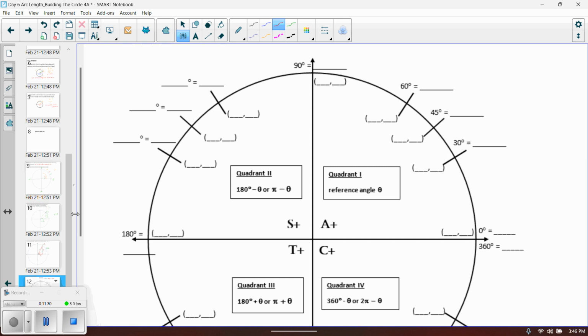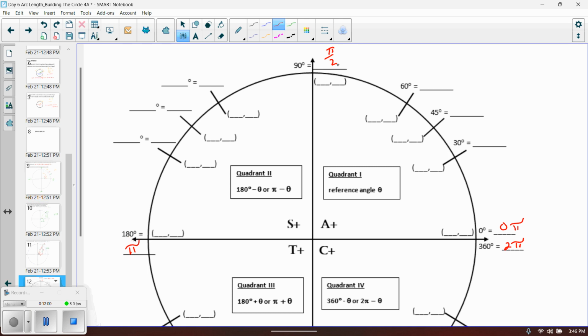So 0 would be 0 pi radians because we haven't gone anywhere. 360 would be 2 pi radians. If we go half of the circle over to 180, well, half of the circle would be pi over 2. I'm sorry, pi radians because it's half of 2 pi. The 90 degree angle would be pi over 2 because we would divide pi into half and get that one up there.